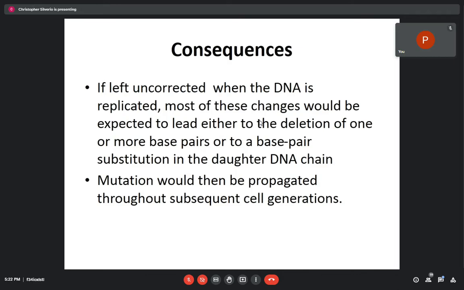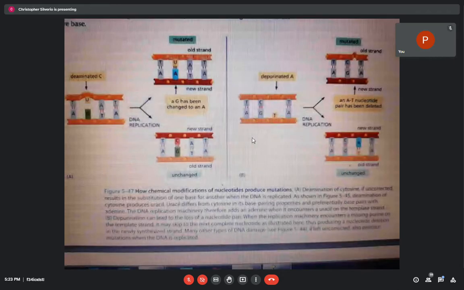Or if we are talking of molecular, it will be transmitted from one cell generation to another cell generation. And this is what happened to the DNA when the DNA undergoes the process of deamination. Okay?